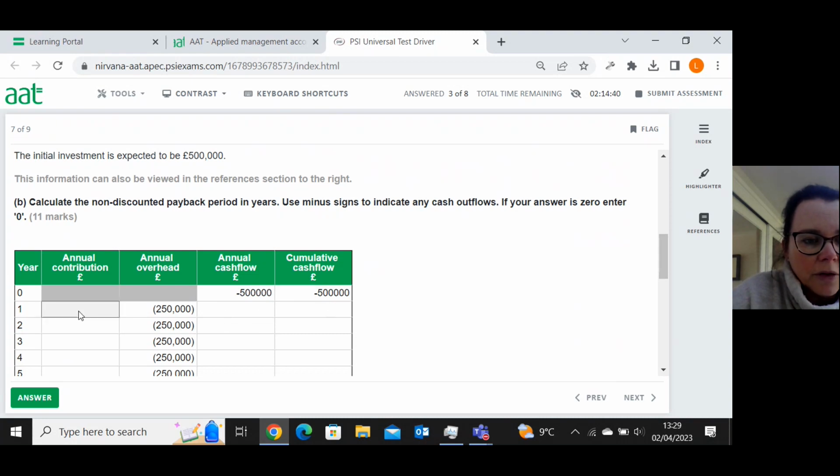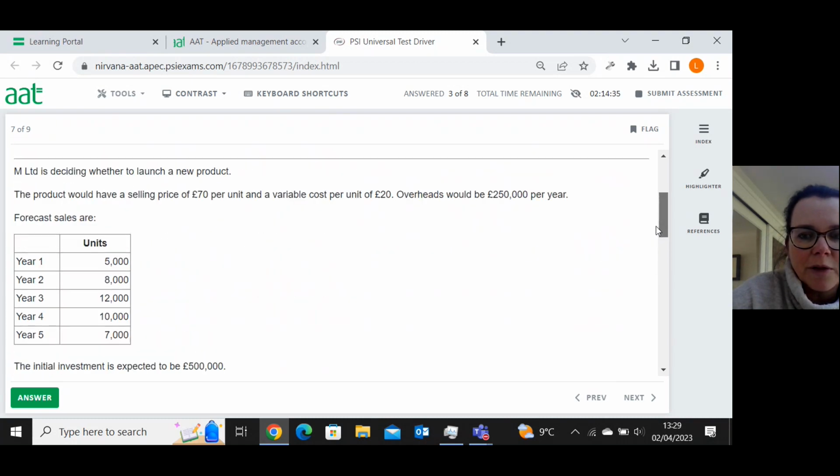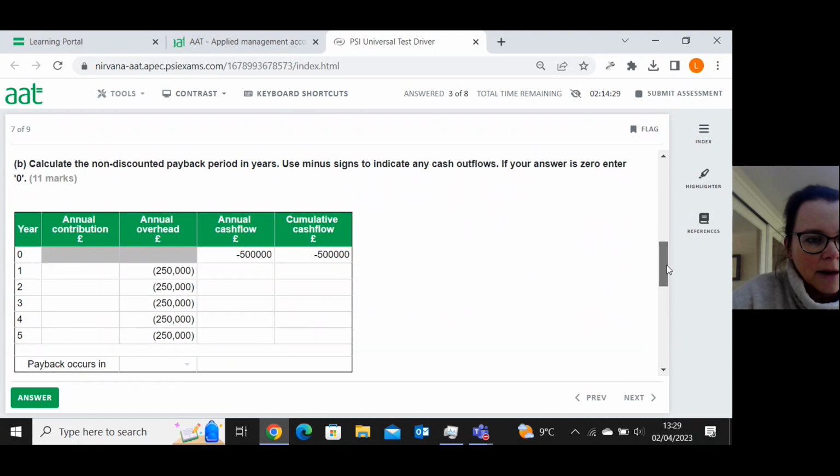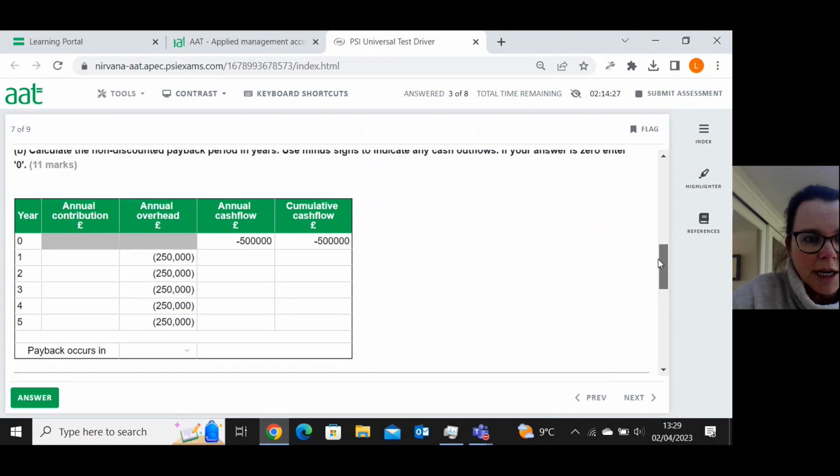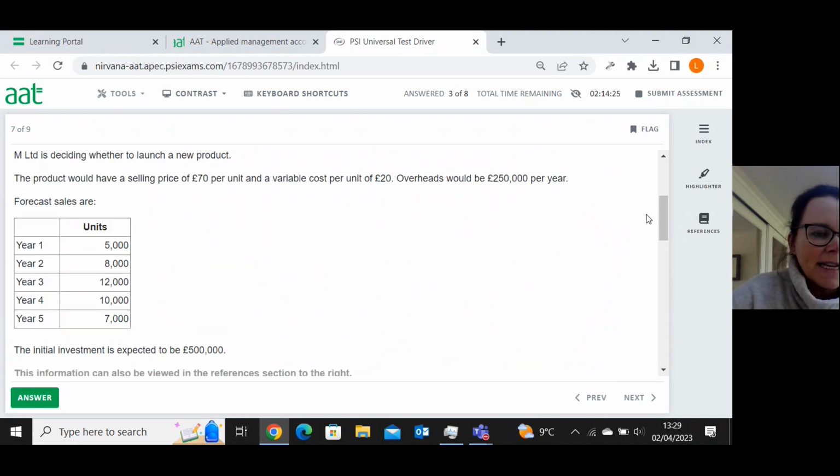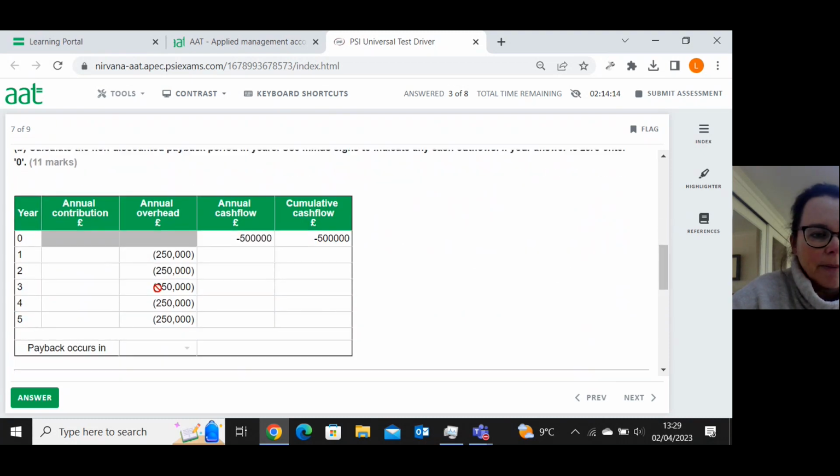Then we've got an annual overhead of 250,000 that's been put in for us. We've got to put in what the annual contribution is. If these are the sales, 5,000 units, and we know the contribution per unit is £50, we're going to do 5,000 times 50.